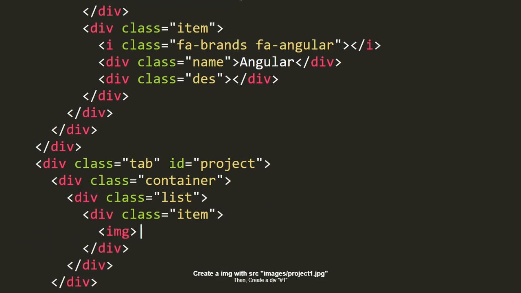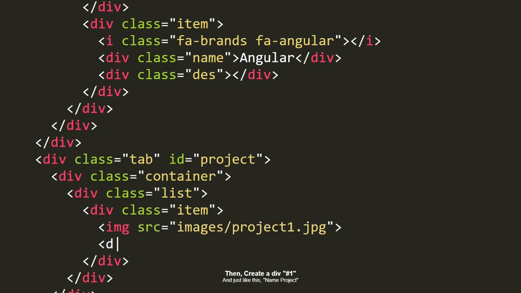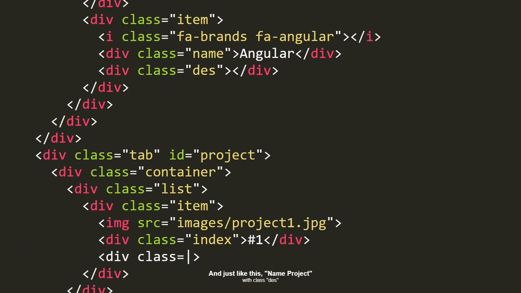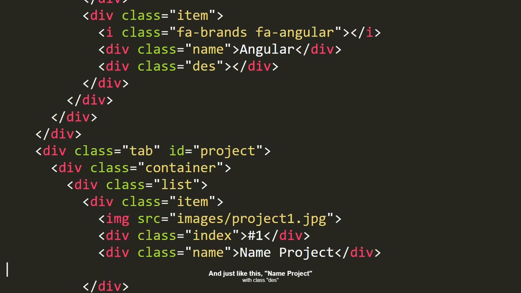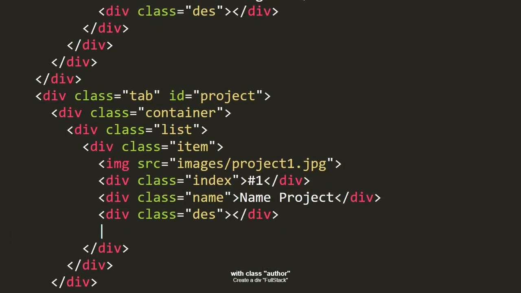Create an img with src images/project1.jpg. Then, create a div #1. And just like this, name project, with class des, with class author.